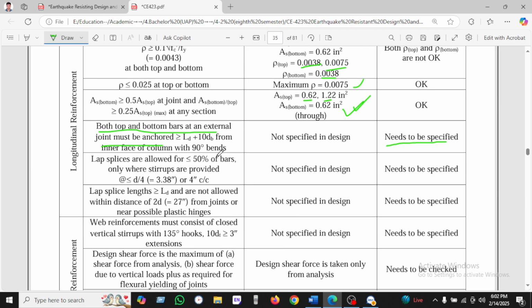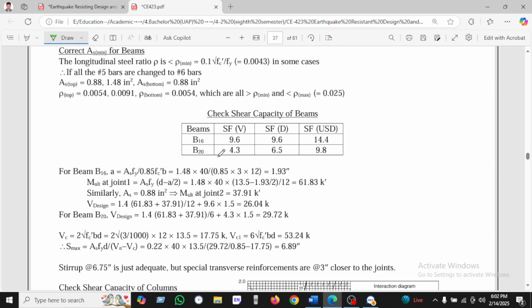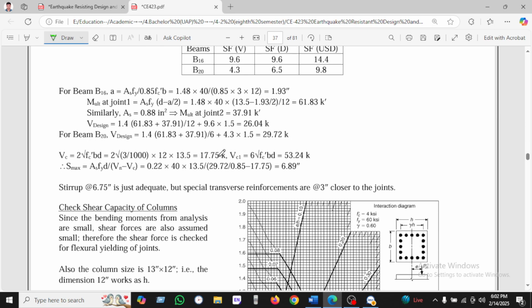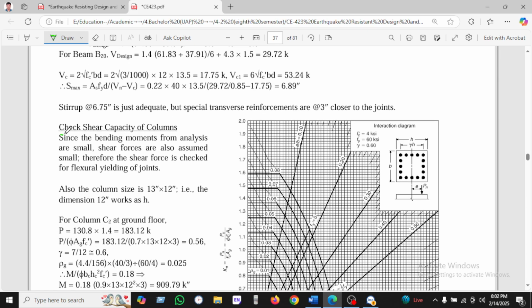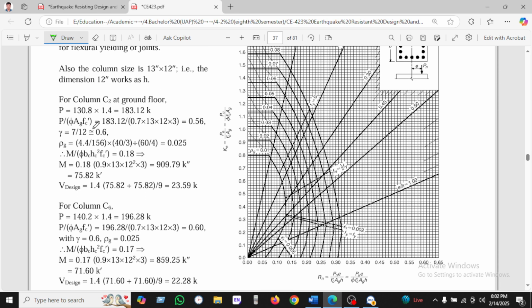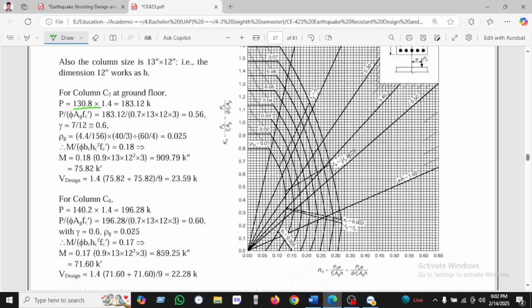So let's see here. Check the shear capacity of column. We've been seeing here the column size, and this is the graph we've been found.